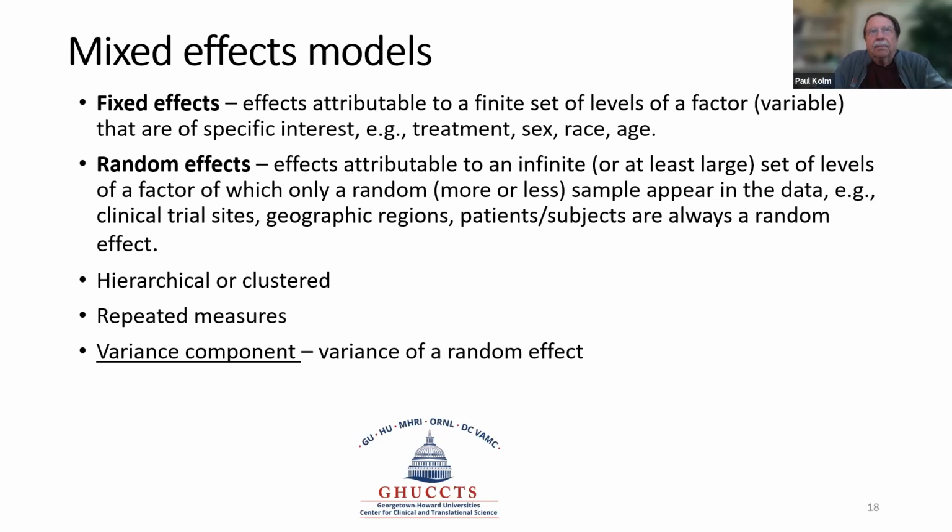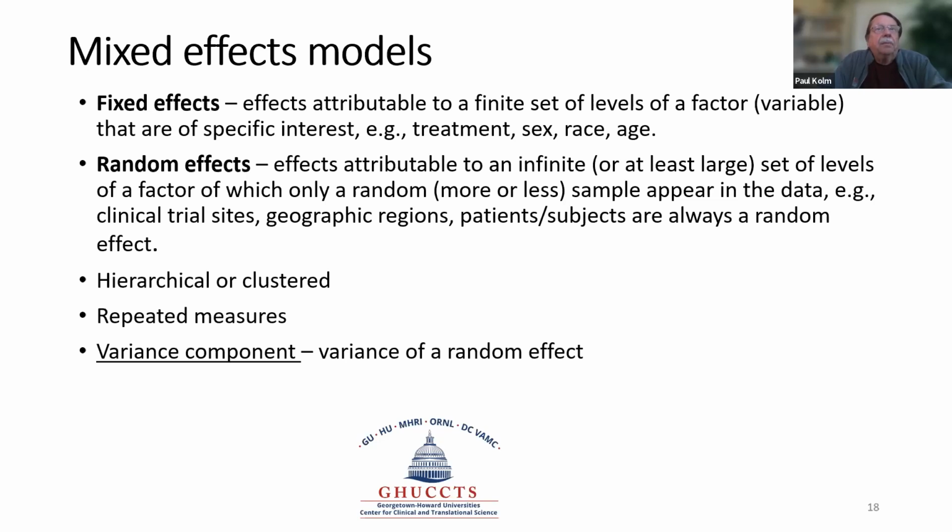Maybe it's not exactly random, but that's the idea. And so examples of this would be clinical trial sites, geographic regions, hospitals. Patients, subjects are always a random effect. And so these data are what we call hierarchical or clustered.